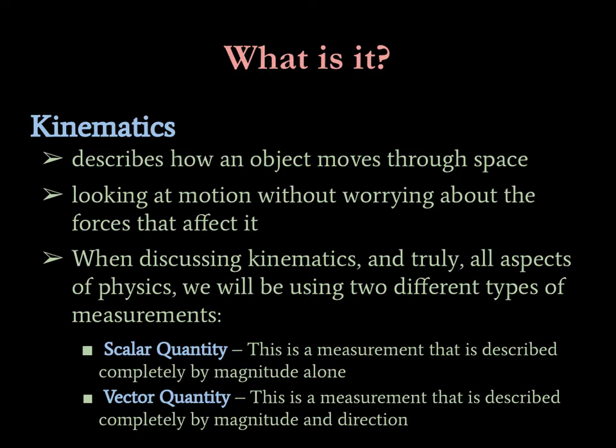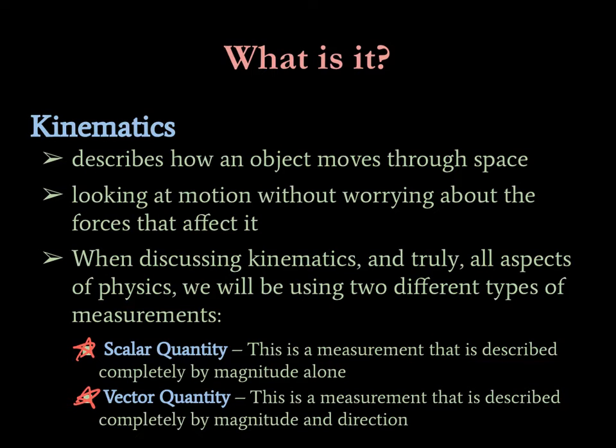But as we go through, we're going to be coming across two different types of measurements, and we've mentioned these before. We mentioned these when we were talking about some of the different math we're going to be using. We're going to be using our scalar and our vector quantities. And as a refresher, our scalar quantities are measurements that are described completely by magnitude.